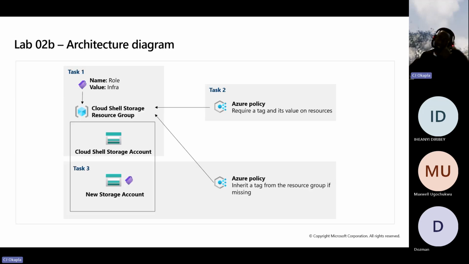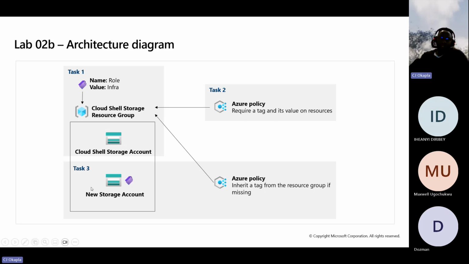So this is the architectural diagram. Task 1 is the name of the tag and the value, so infra, on the cloud share storage resource group. Then task 2 is the policy creation, which requires a tag and its value on the resources.